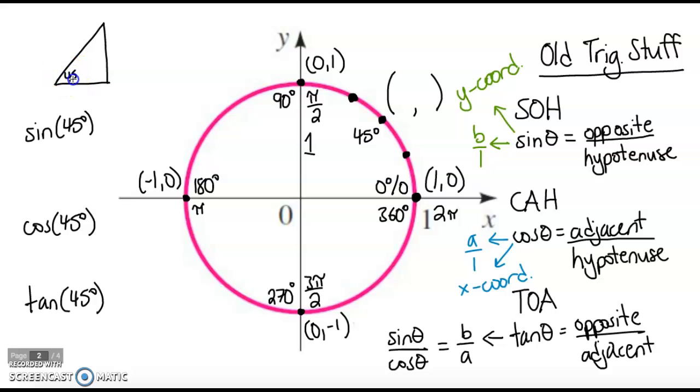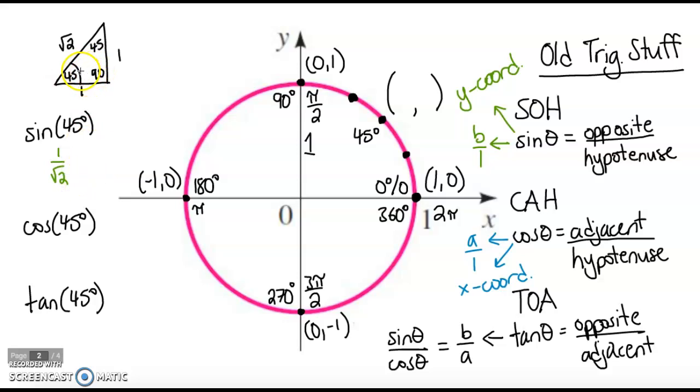So in a 45, 45, 90 triangle, the special proportions of that triangle are 1, 1, square root of 2. And so if I'm trying to find sine of 45 degrees, then I do my opposite side over my hypotenuse. So I would end up with 1 over the square root of 2.